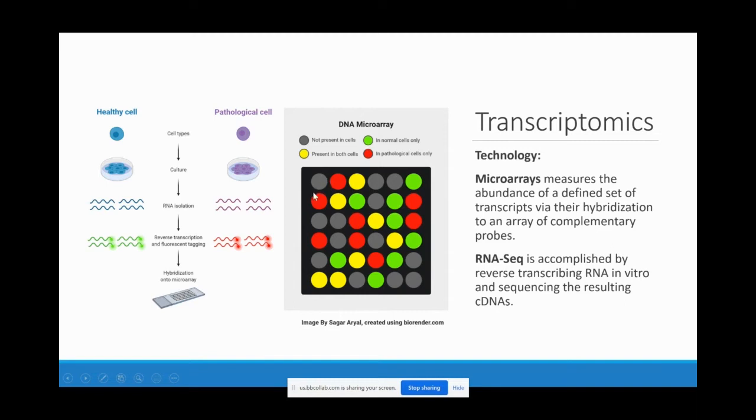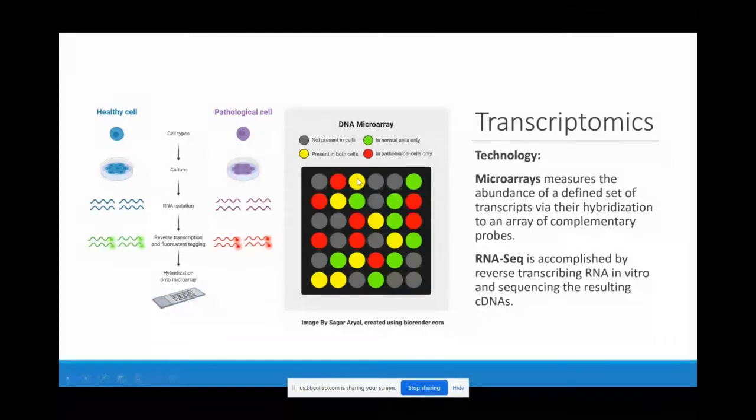And you can see, for example, here that neither sample bound. So neither sample had RNA that was transcribed for this particular gene, this RNA segment. This next well over, what you can see is it is a red color. So that means that only the pathological cell or the disease cell in this case, which is a red probe, expresses this RNA.